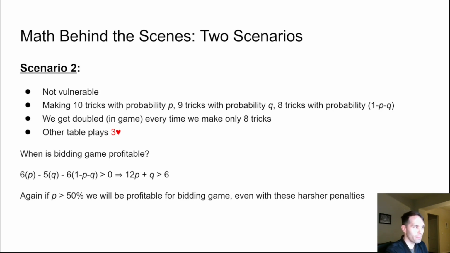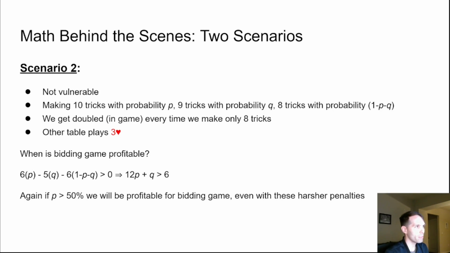So we require a little bit of a higher percentage than the 45 that we calculated in the other scenario. If you run through these numbers with our side being vulnerable, you come up to a similar consequence, which is that we need the probability to be a bit more than 40% for bidding game to be profitable.